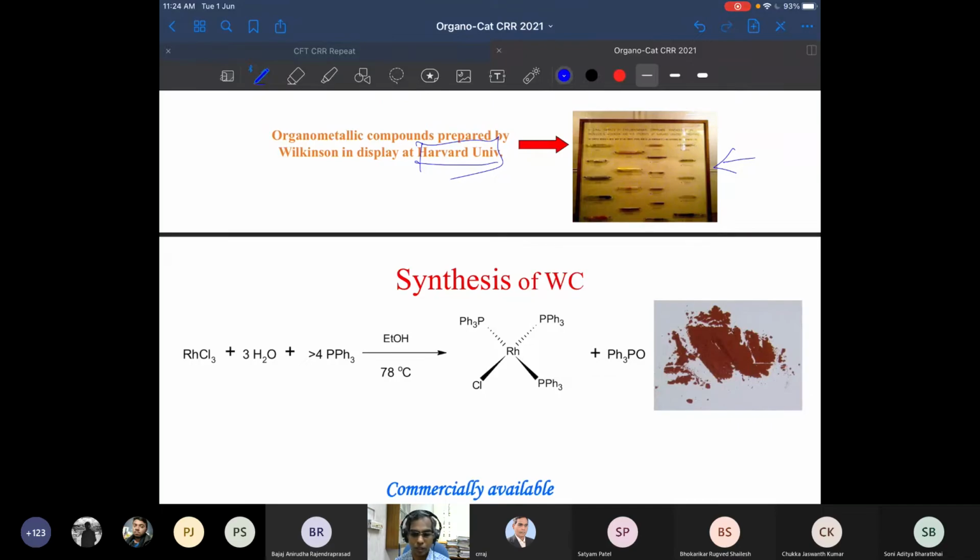Can anybody say what the drug molecule to treat Parkinson's is? Anybody? Unmute your microphone and tell. Anybody knows? Nobody knows.